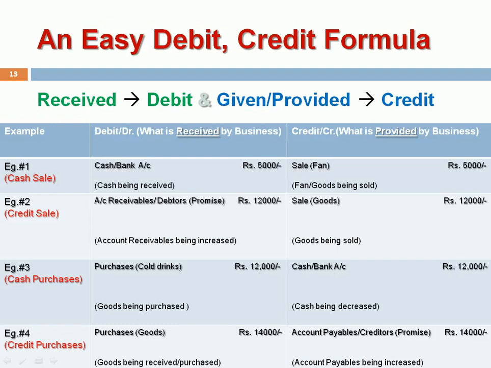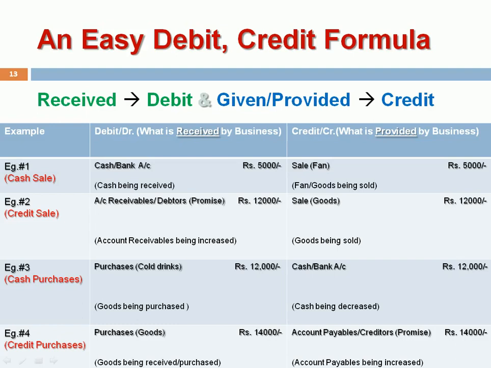Now look at the credit side. We would write what is provided by the business. So what is provided by the business in example 1? It was a sale of a fan worth rupees 5,000. So in description we would write fan or goods being sold.